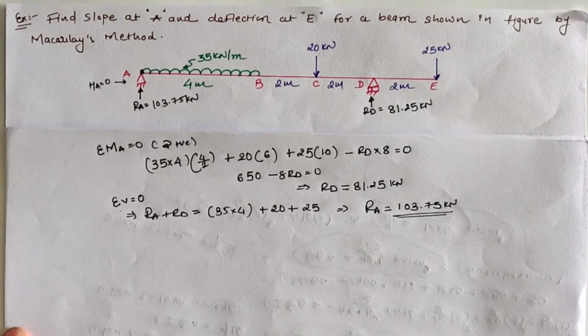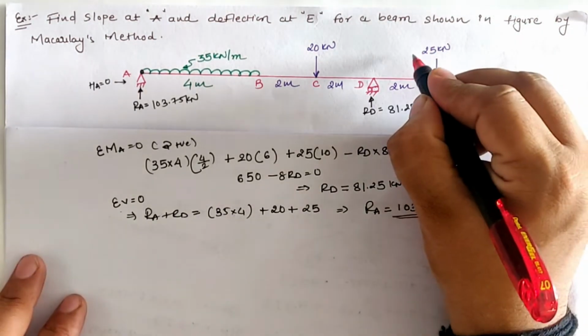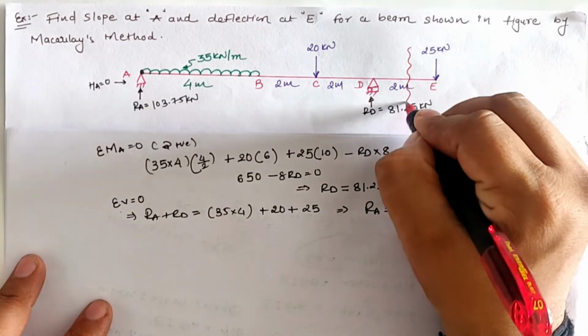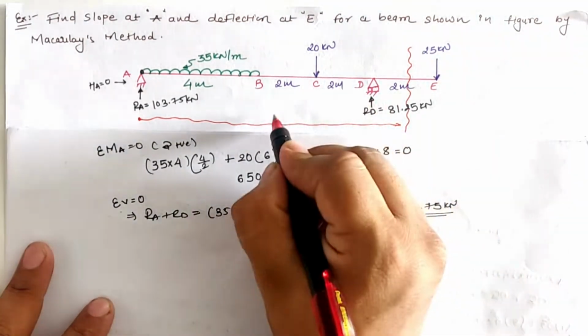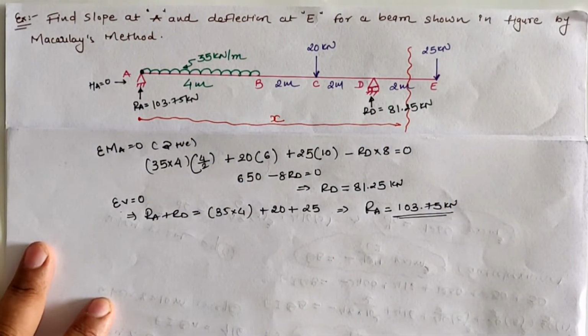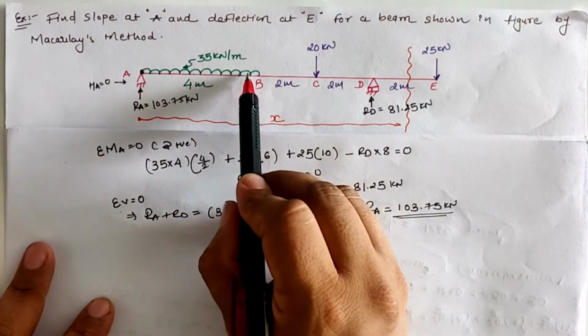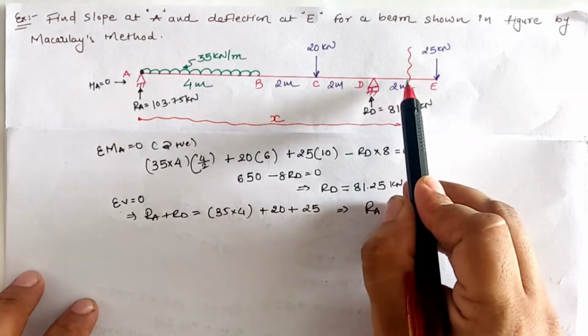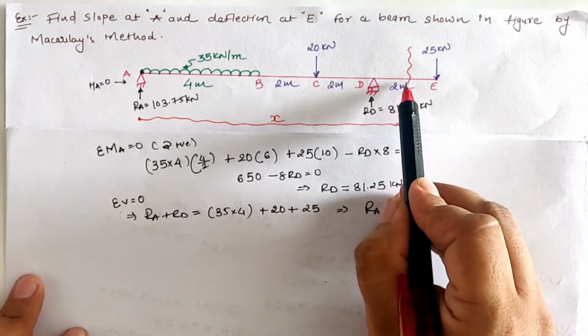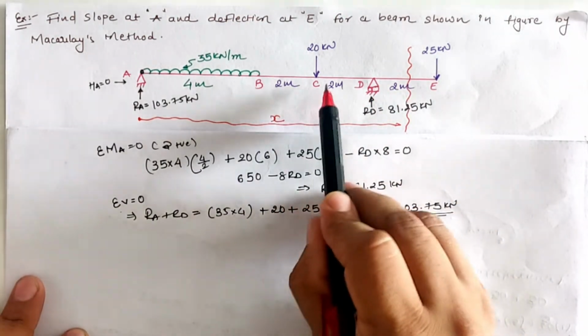Now after calculating the support reaction, we have to select a section in the last span of the given beam, and that must cut the UDL on the span. So if we take a section between D to E from location A as origin, and distance is assumed as x, but according to the method it does not cut the UDL, so we have to apply a UDL through the section in the downward direction as well as in the upward direction.